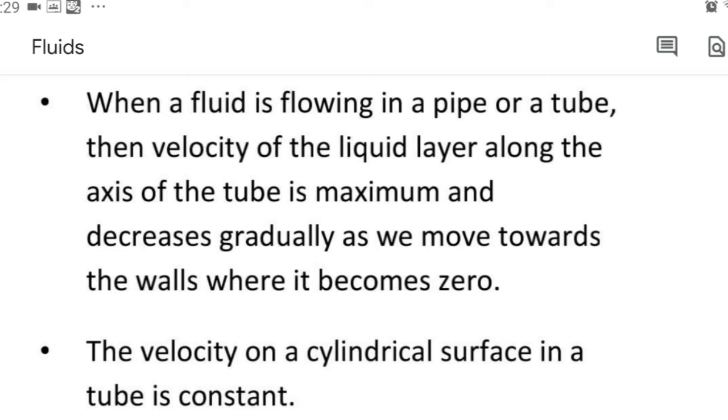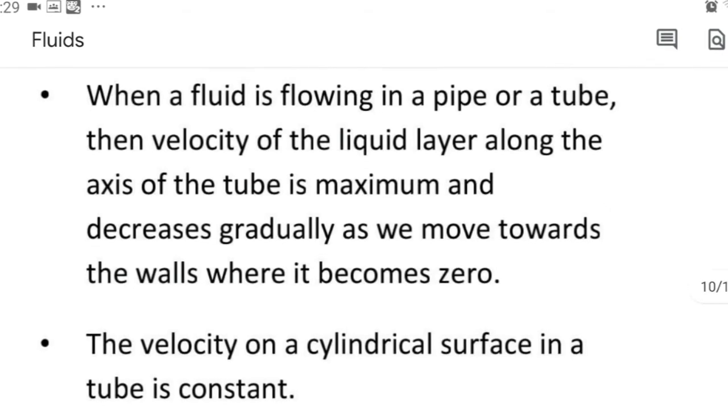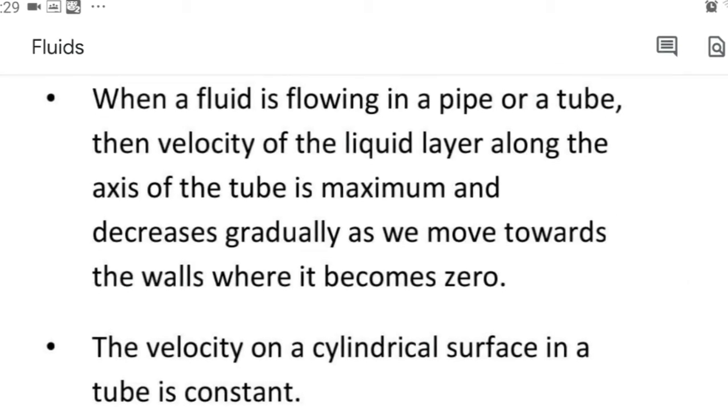When we consider the fluid flowing in a pipe or a tube, the layer along the axis of the tube, in the middle of the tube, will have maximum speed, and the speed decreases gradually outwards, and finally the layer which is in contact with the surface of the tube is supposed to have almost zero velocity.